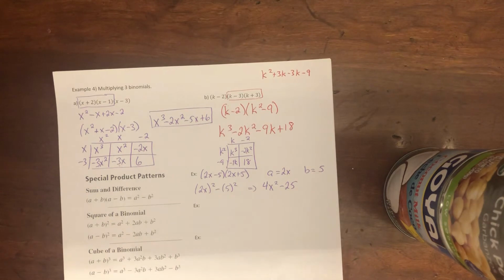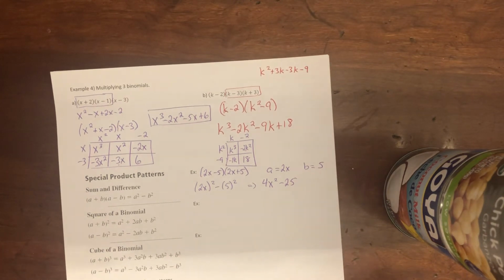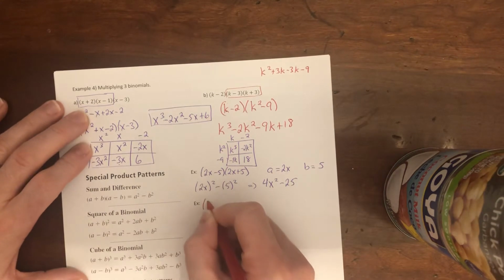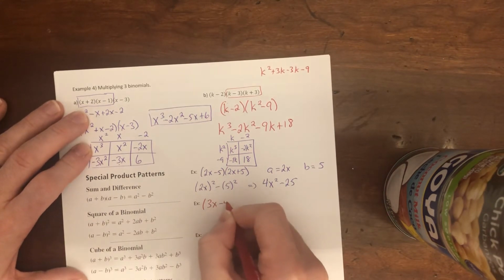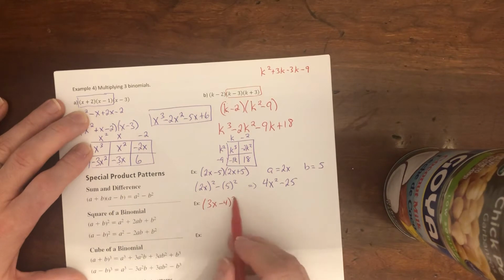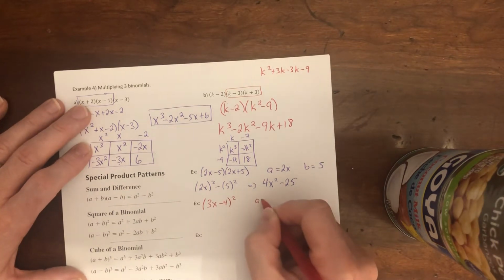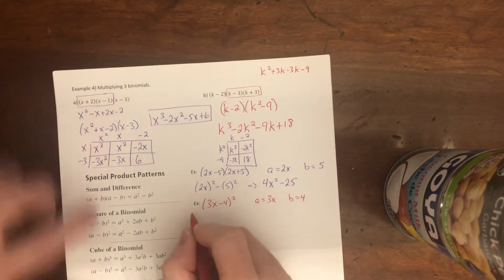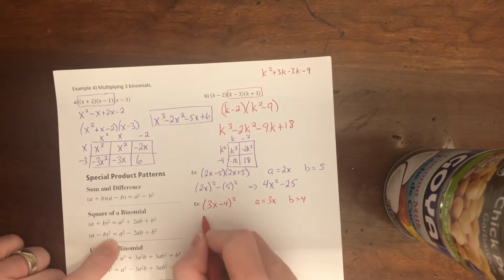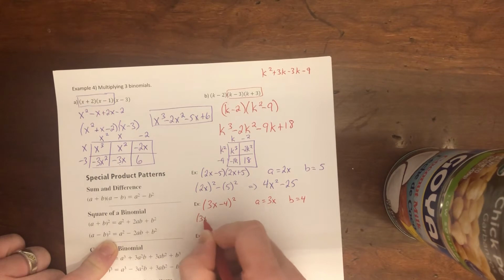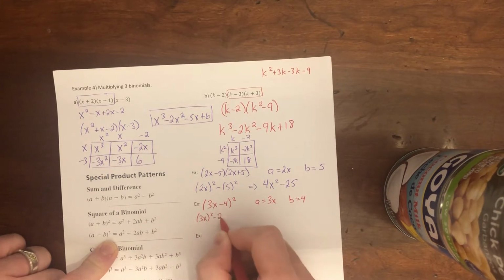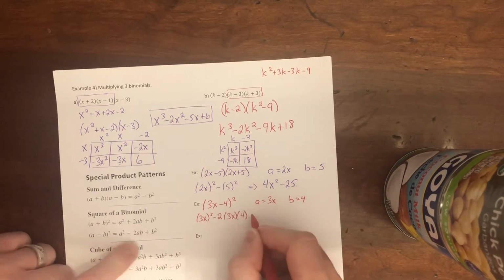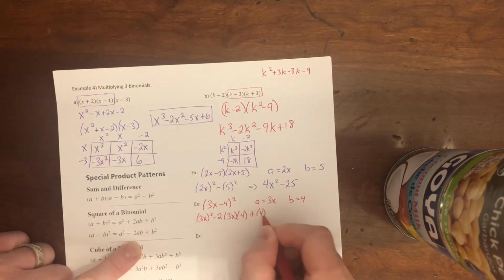Doesn't matter, it's just showing you there are shortcuts. And some of you already know them. It's awesome. Same thing for the next one. If we said, let's say we have 3x minus 4 squared. Remember, you can't just square each term. So we'd say our A is 3x, our B is 4, and then we'd follow this pattern, and this is a subtraction one, so we'd say 3x squared minus 2 times our a times our b plus our b squared.